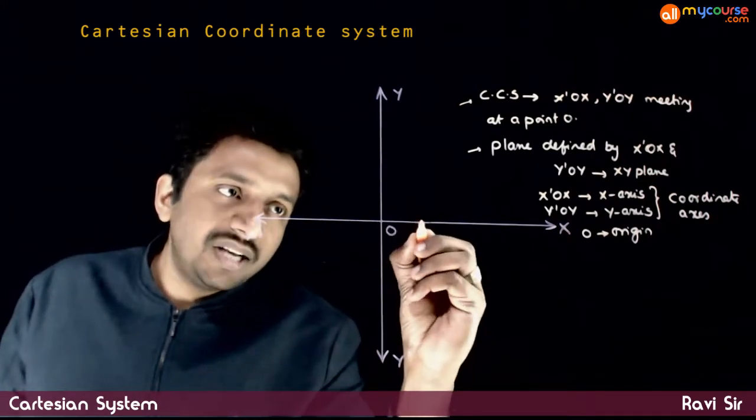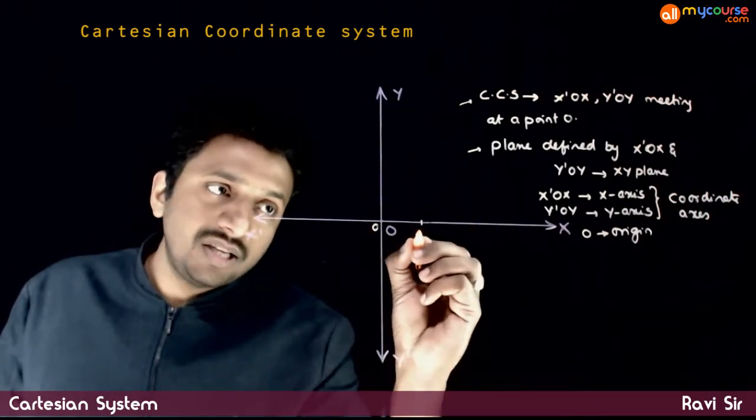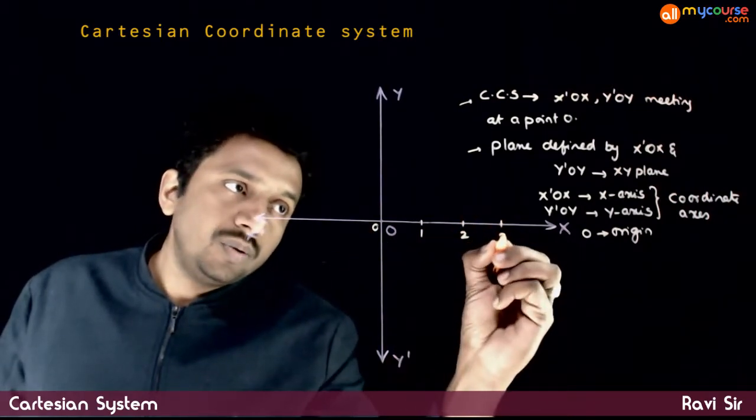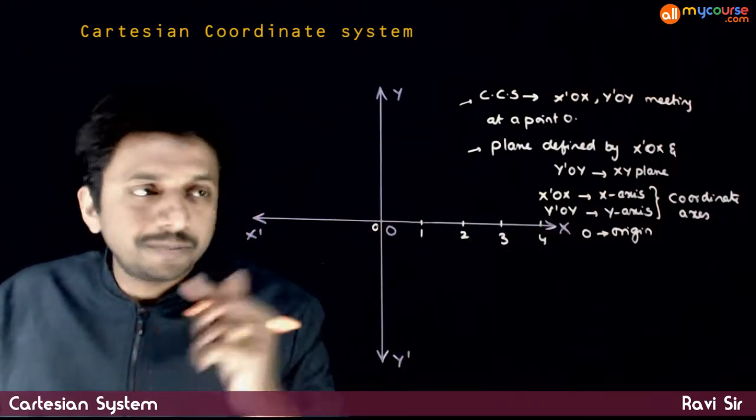So this is the positive x-axis. We denote the numbers 0, 1, 2, 3, 4, and so on. These are the units on the positive side of the x-axis.